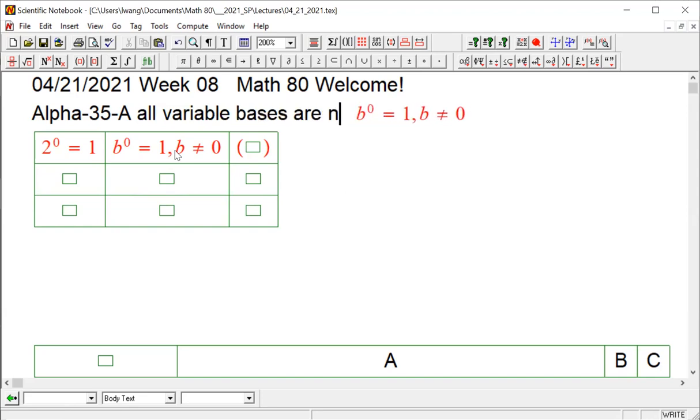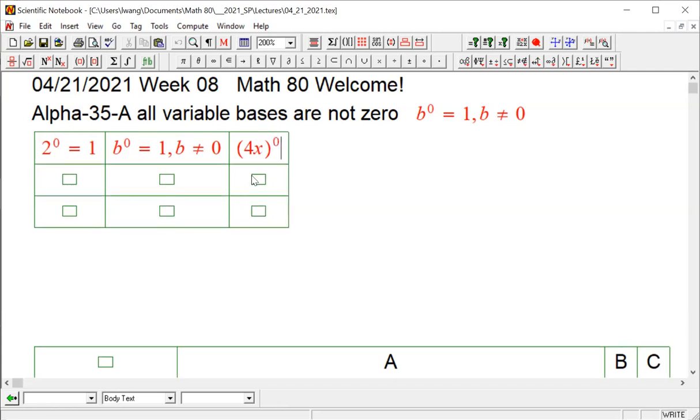So that's reassuring. So b is not 0, therefore you can do that. And the next one, 4x, and the variable is not 0, therefore it equals 1.